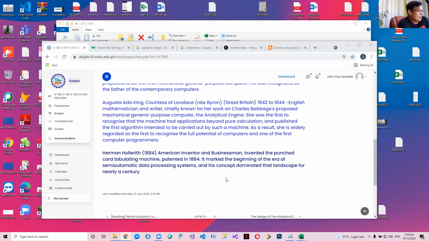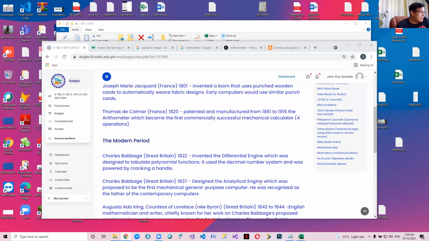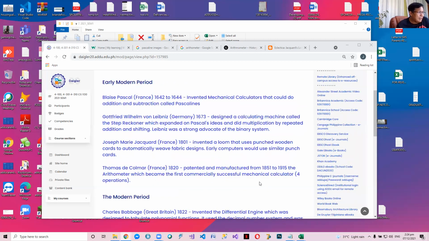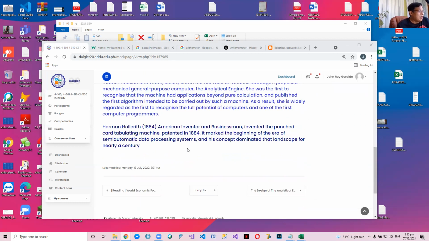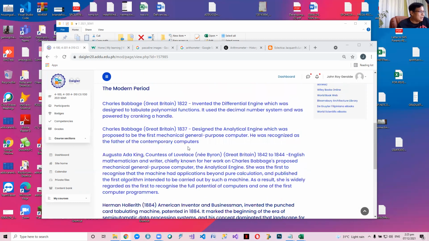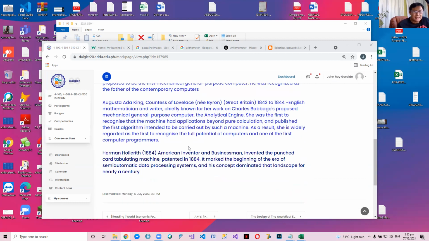So an American inventor invented a recording machine. It is not a very noble invention because it was also an improvement of Jacquard's loom. It already used punch cards, but the punch cards were invented in 1801. So he borrowed the idea from Jacquard's loom and invented the punch card tabulating and recording machine, patented in 1884.